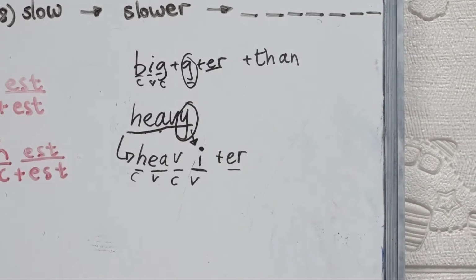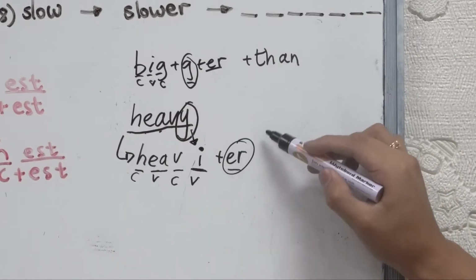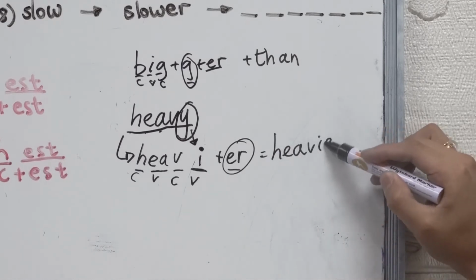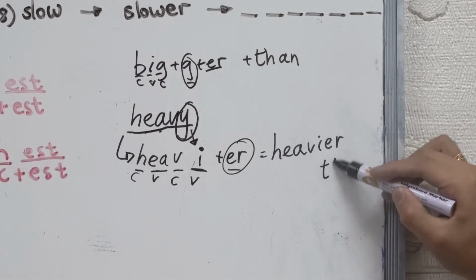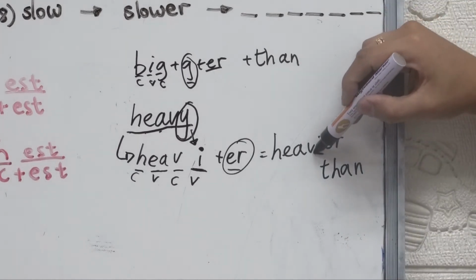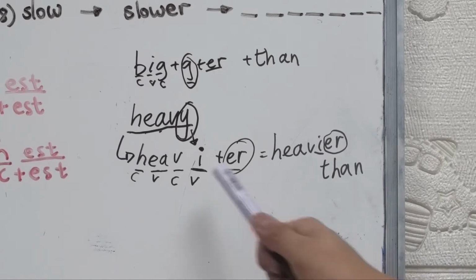Okay? We change the Y to I and then put ER. So it becomes heavier than. You see, we change the Y to I and then add ER, right? Heavy, heavier than.